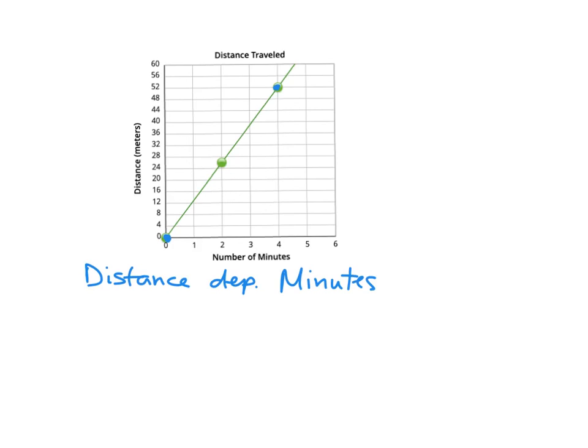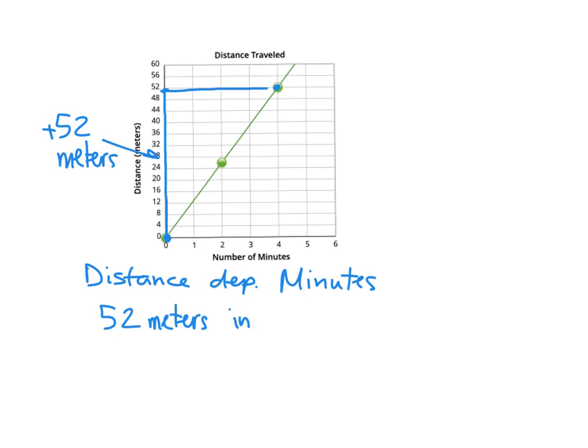So for the distance, it went from 0 to 52. So it went up 52 meters. So 52 meters in, and now we have to see how long it took to do that.